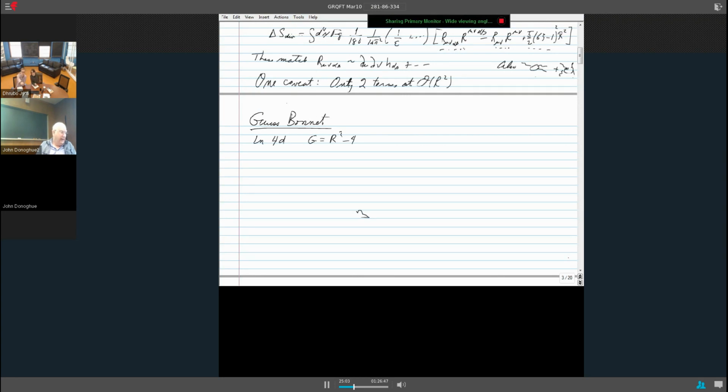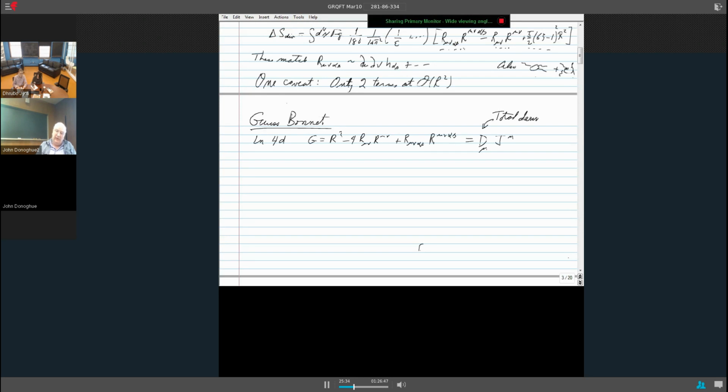The A2 coefficient has many uses, so I gave you the full coefficient. But we're going to get rid of one of the terms. Okay, and so that's what I have to explain now. The getting rid of one of the terms is the Gauss-Bonnet identity. So Gauss-Bonnet is this term.